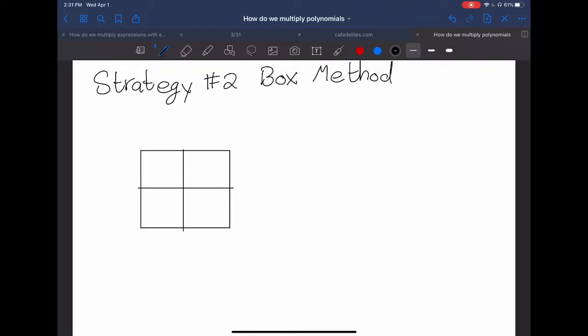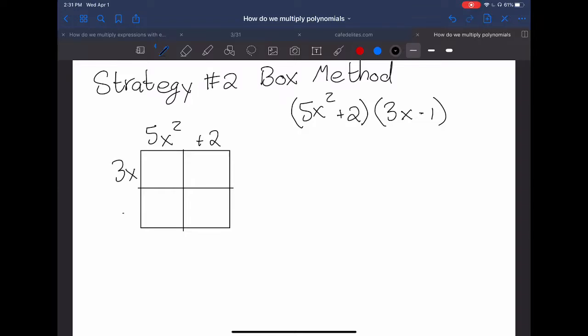And again, I'm going to be multiplying these two expressions. I'll write them to the side over here. So the first one's going to go on top. So I have 5x squared and a positive 2. And on the side, I'll put my second polynomial, 3x, and then minus 1.